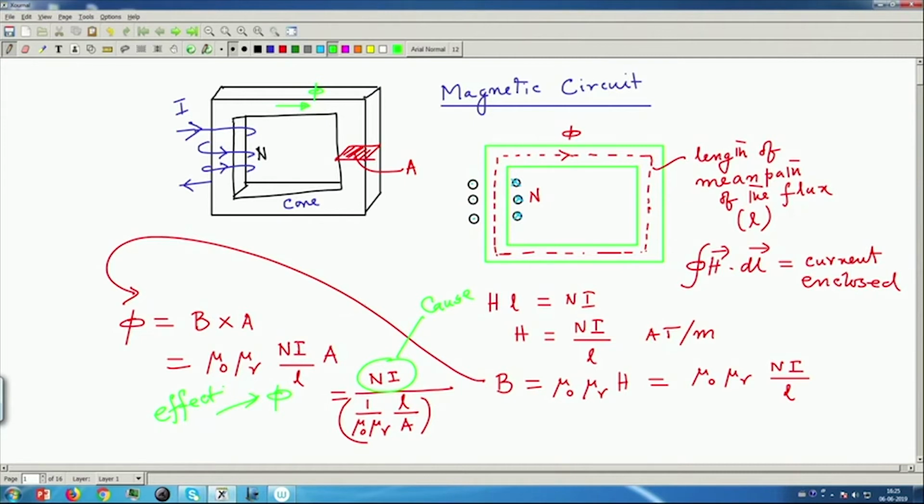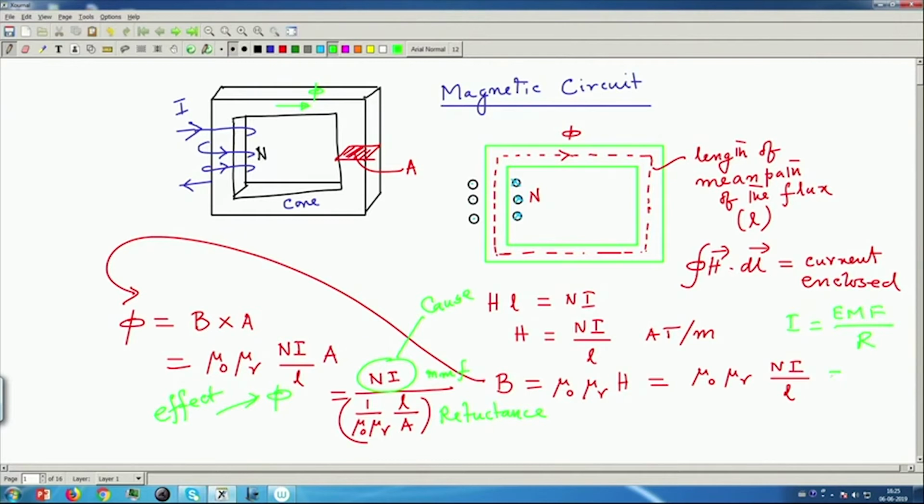And how to calculate that flux? This is called MMF, and this is called reluctance. And that is why the name magnetic circuit. In case of an electrical circuit, I is equal to EMF by resistance.